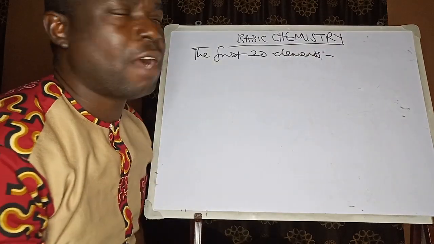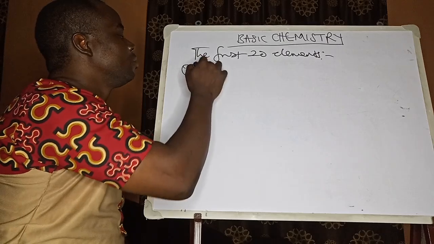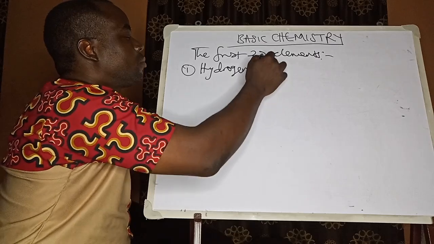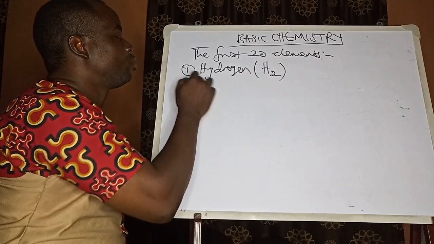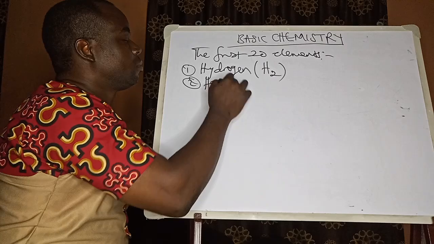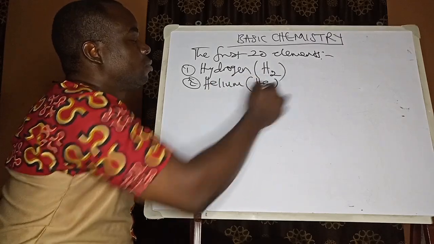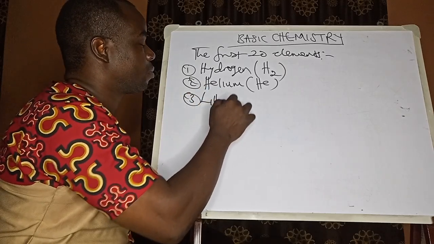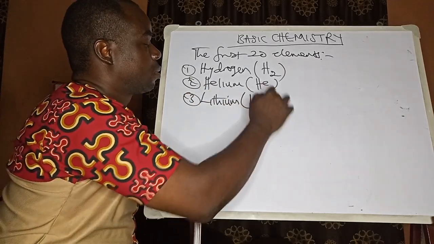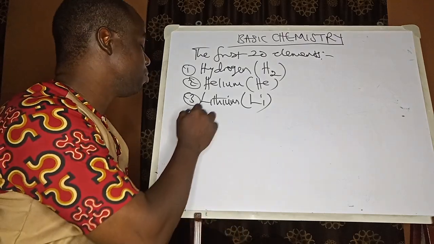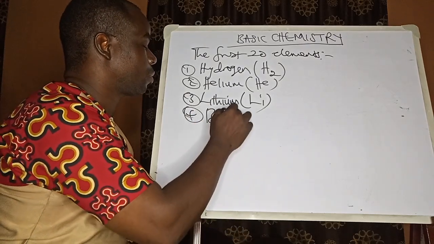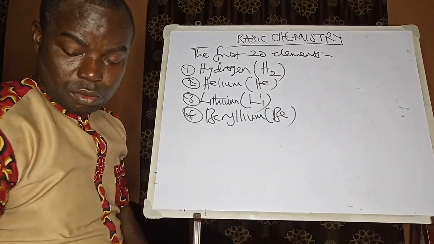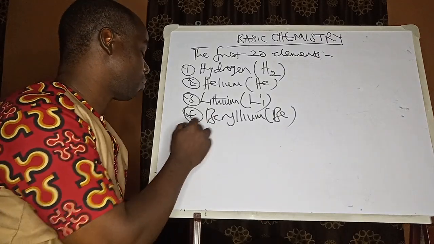So first 20 elements we have: number 1, hydrogen. Number 2, helium. Number 3, lithium. Number 4, beryllium. Number 5, boron.